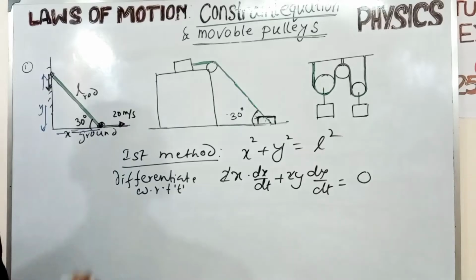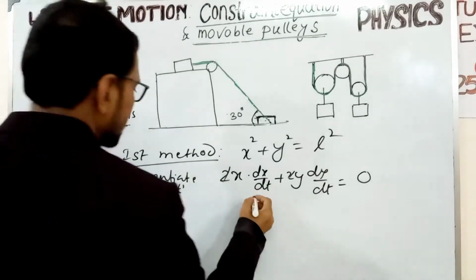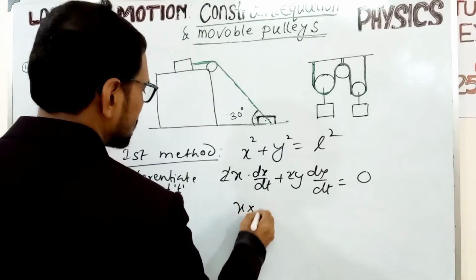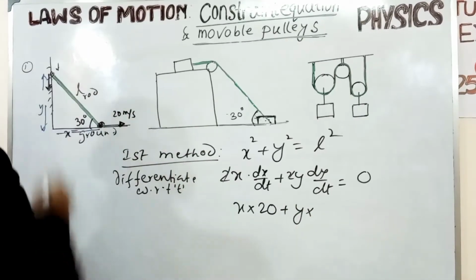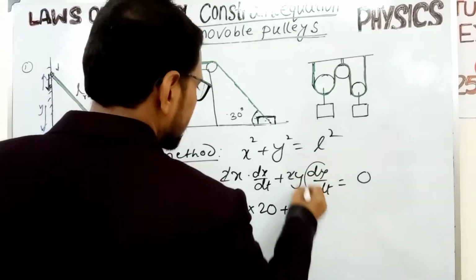So the velocity of this end is va, that is x into 20 plus y into dy by dt. We have to find the velocity of this end, that is dy by dt.